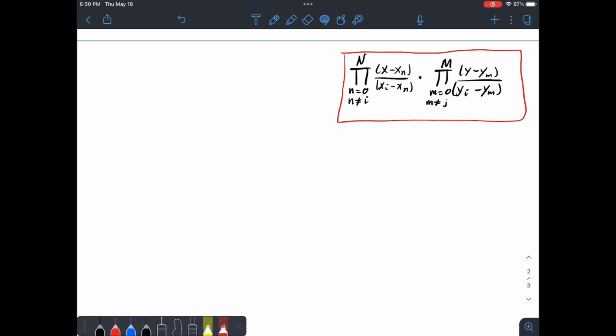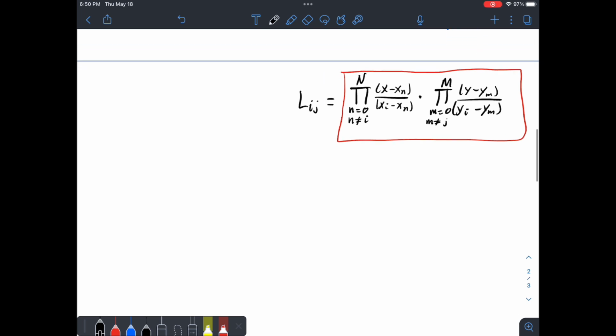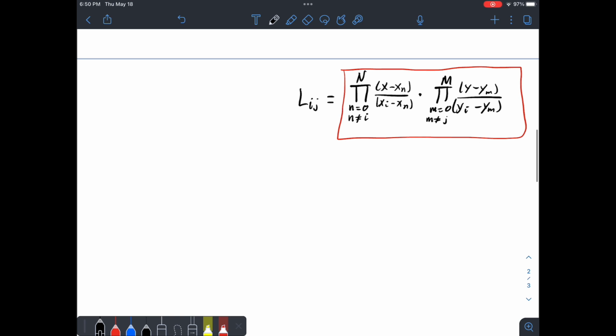Okay, so this is what we had. This was our L function, right? This was Lij. And now we want to say, if I'm at the function value, if I'm at xi, yj, I just need to scale by my function value.